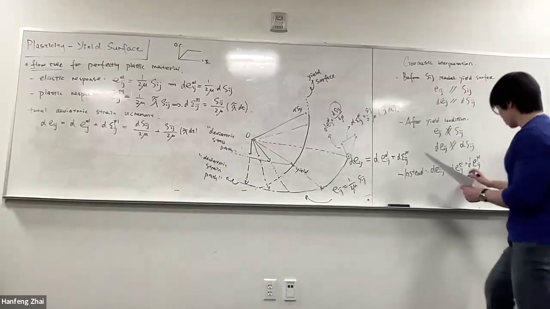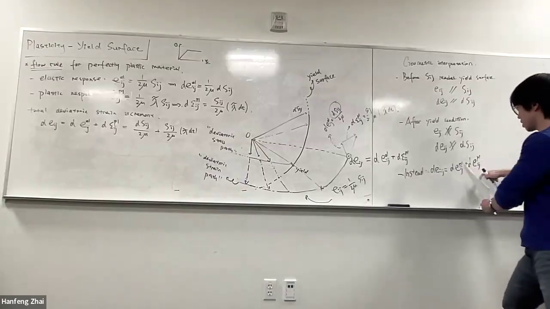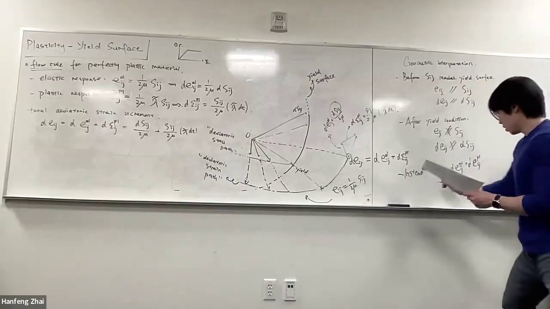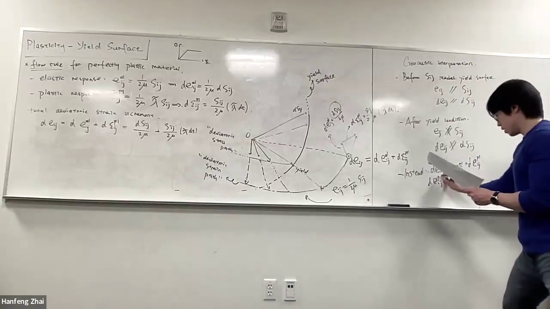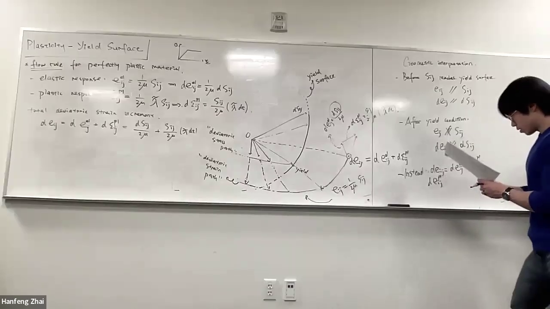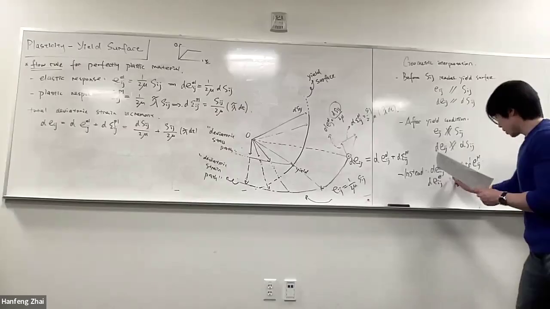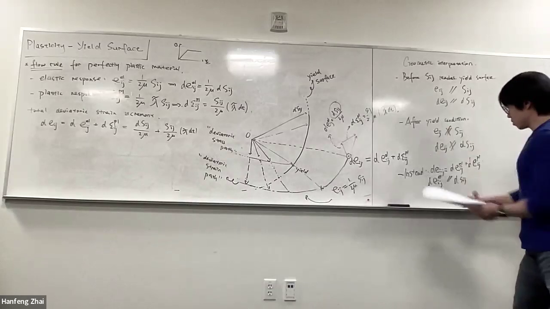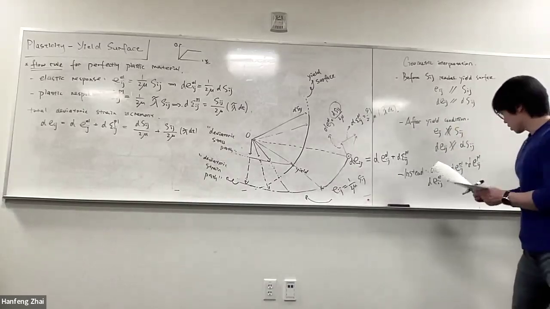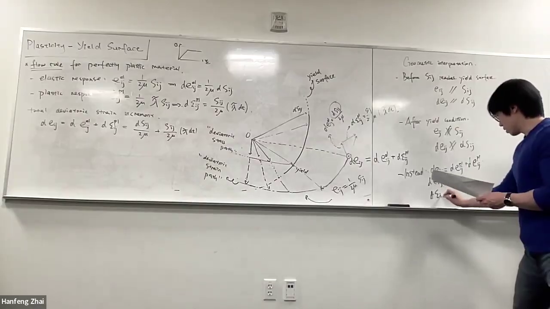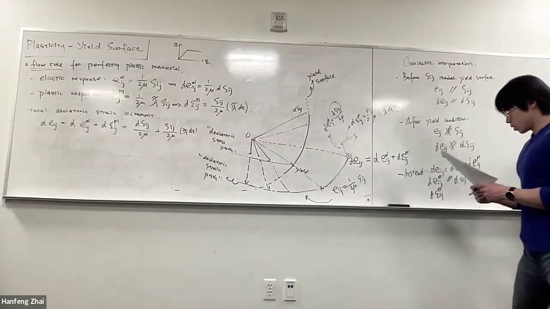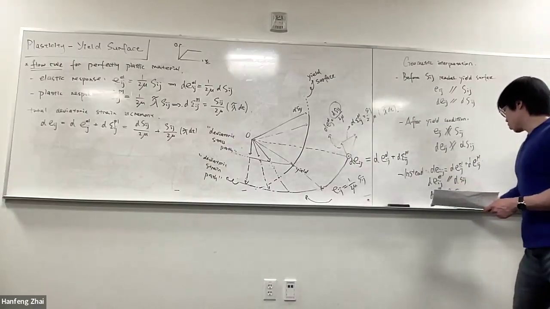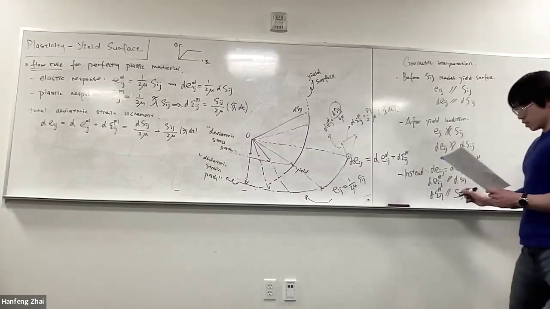If you follow this equation, both elastic and plastic strain contribute to the overall incremental deviatoric strain. Then the elastic strain is parallel to ds_ij, according to the schematic that I just sketched, and the plastic strain is proportional to the deviatoric stress, not the stress increment anymore. So S_ij.